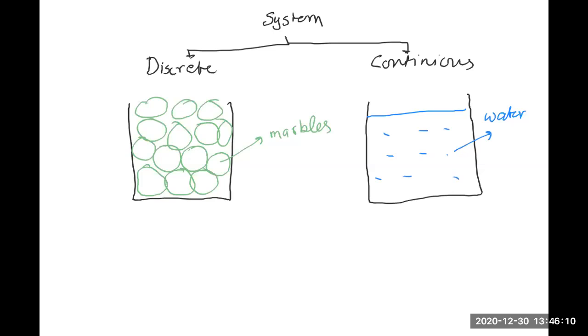Wedge is something that you cannot break down. Wedge is one object, one component of the system. Block is another component of the system. Therefore, this is a discrete system. You can count, you can say that my system consists of two objects, the block and the wedge, the man and the lift. So these are all discrete systems.